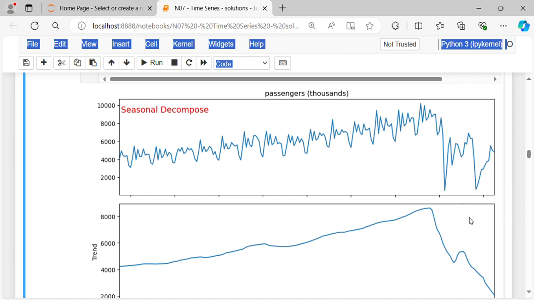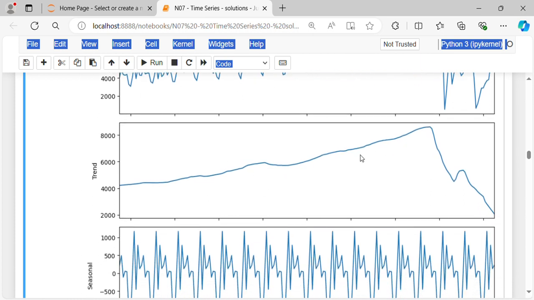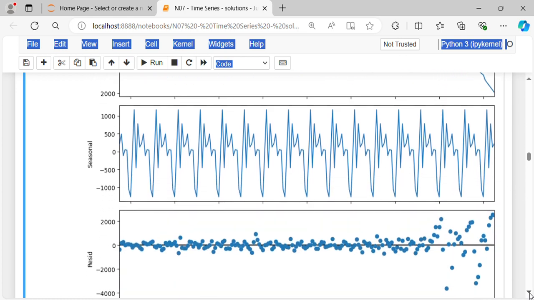So we can see this. These are the observed values, the actual values, and this is the trend. So it's a linear trend, but then it shows that it's going down after 2020. And for seasonal, we can see that every year there is a cyclic pattern.